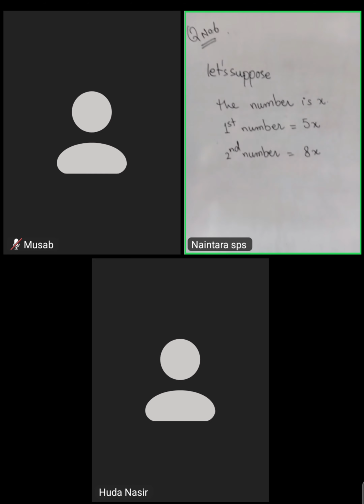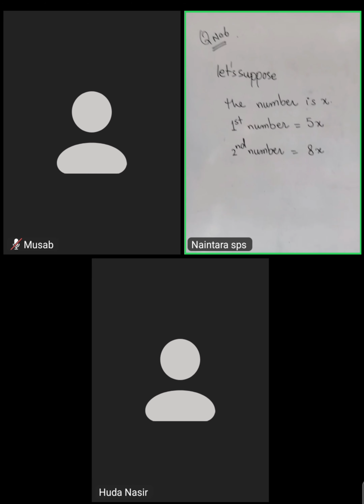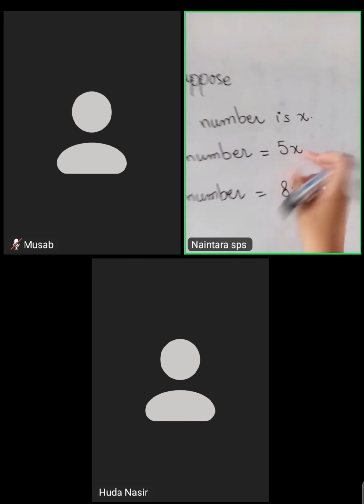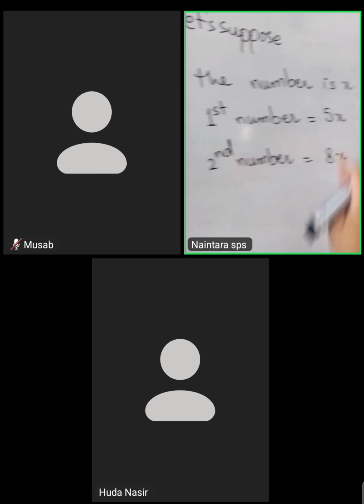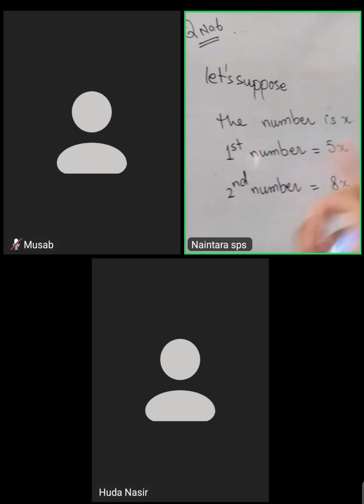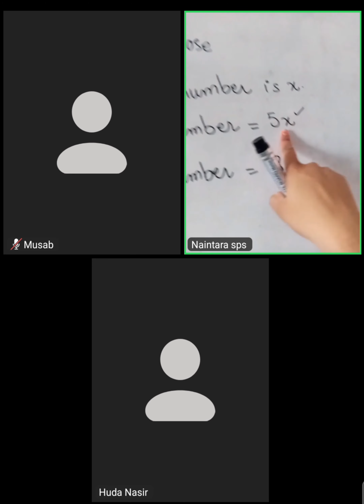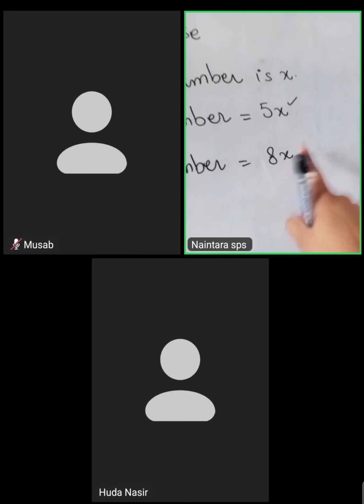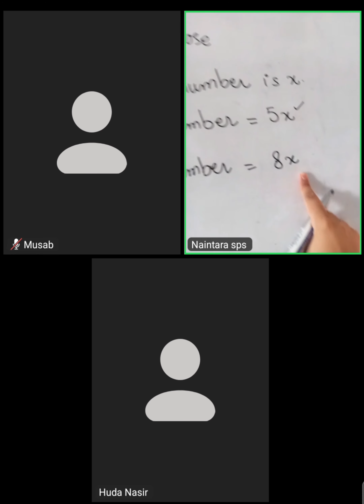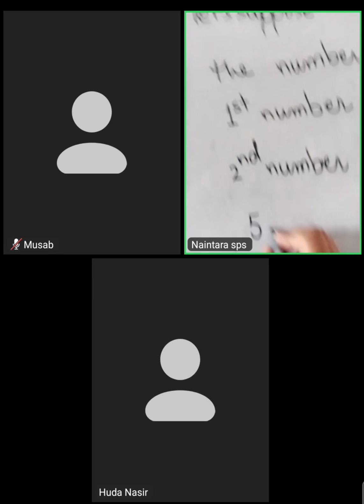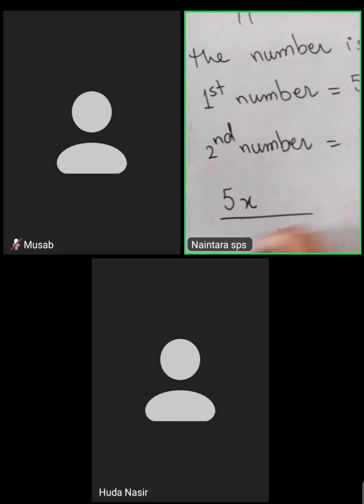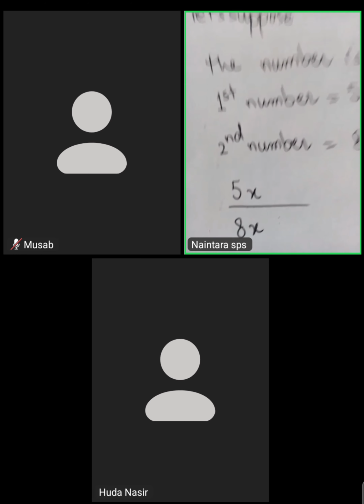In the question, they are saying these two numbers are in the ratio 5:8. 5:8 means there was a number that is in the product with 5 and 8. Now, ratio means the first term is the numerator and the second number is the denominator. That is 5x by 8x.